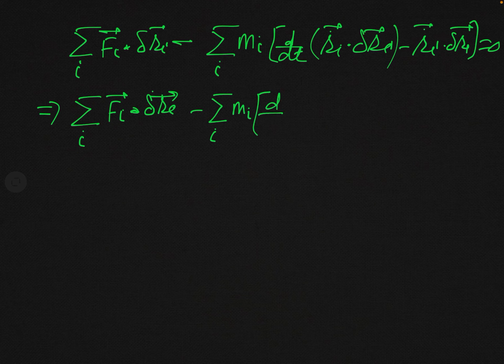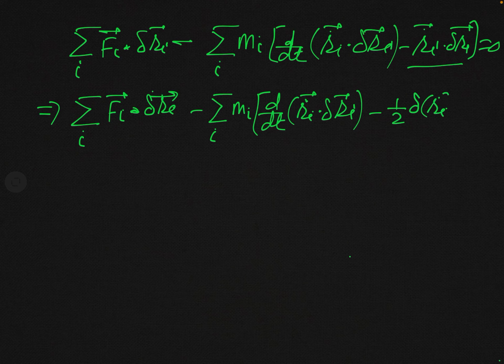You can see here this is d/dt of ri dot delta ri, and the last term, this ri dot delta ri, can be written in this manner. You can write it as 1/2 delta of ri dot square.